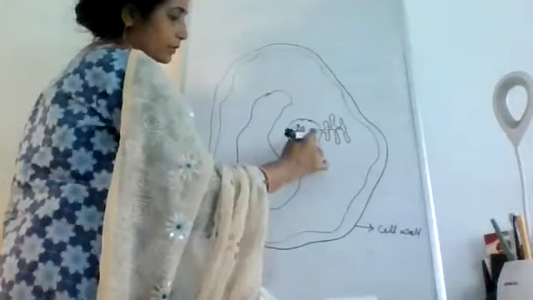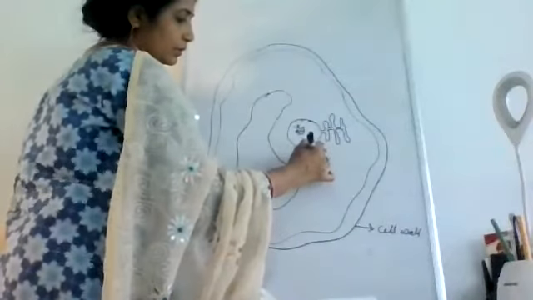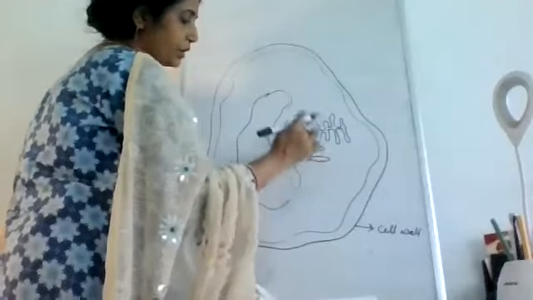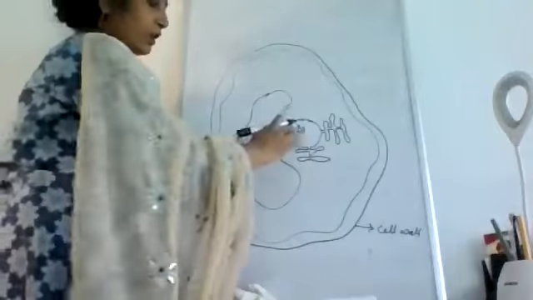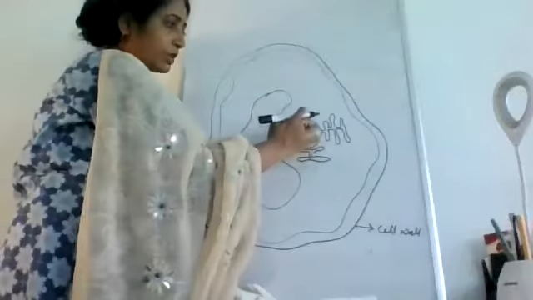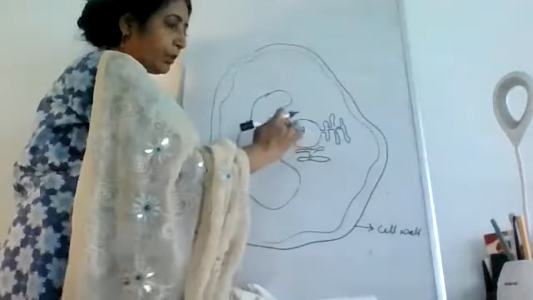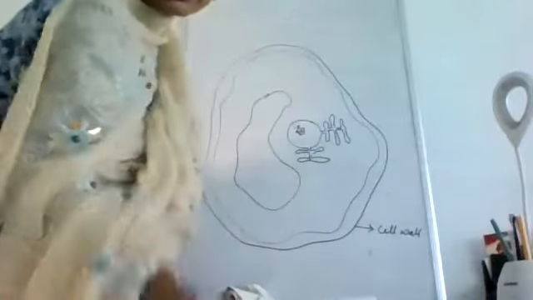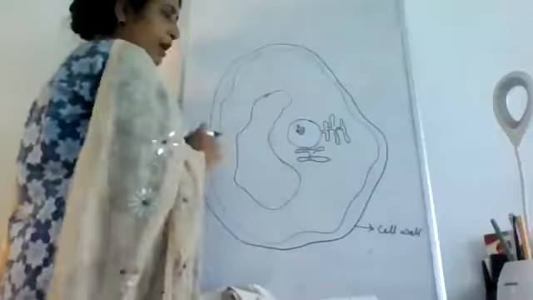All of you know this. I'm just making a rough figure. So this is endoplasmic reticulum. This nucleus is with what? Nuclear membrane. The nuclear membrane is present in the nucleus. This is your endoplasmic reticulum.